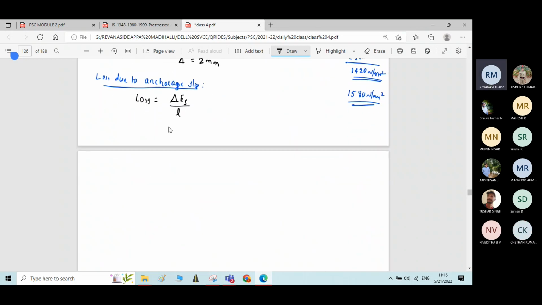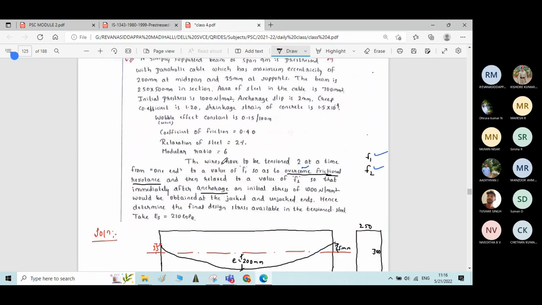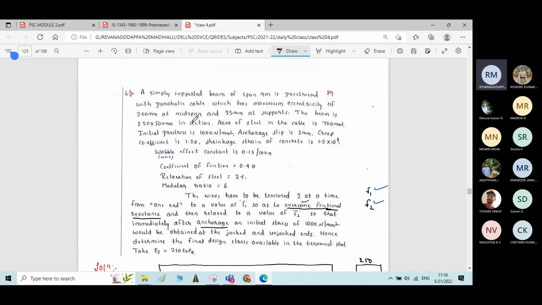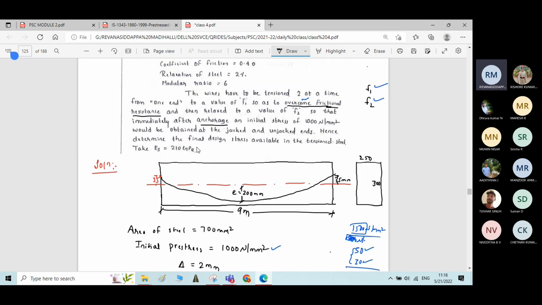Now, loss due to anchorage slip will be equal to 2 mm into Young's modulus of steel, Es. Is it given? If it is not given, you know the value: 2 into 10 power 5, 210 gigapascal.